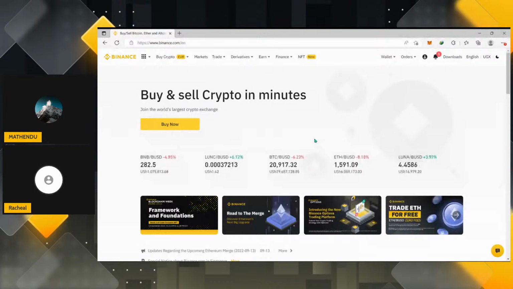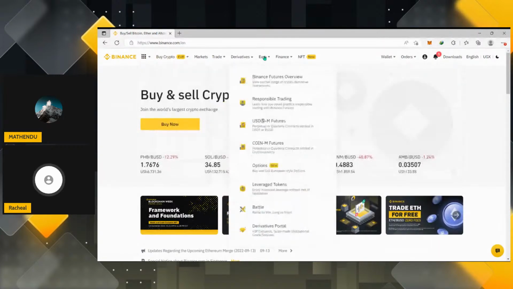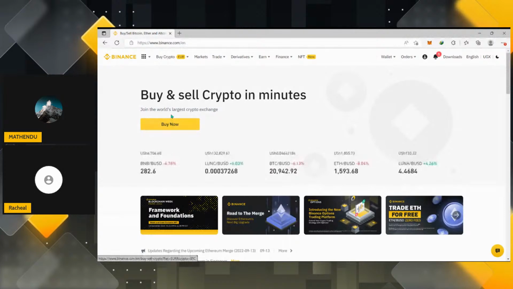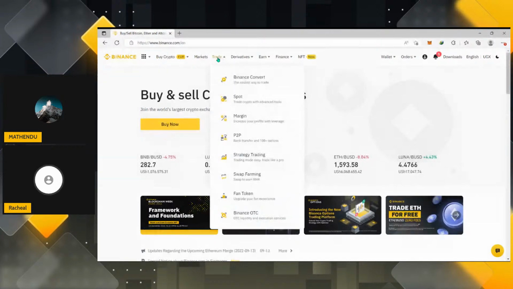Thank you. Now that we know how to use the Binance Convert option, we are going to go further and learn spot trading. Under Trades, in the drop-down menu, it's the second option, spot trading.